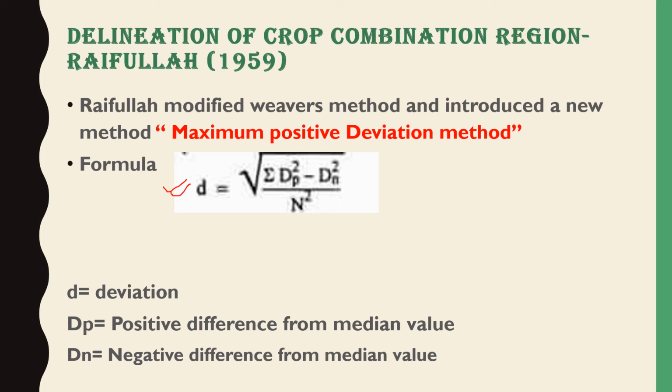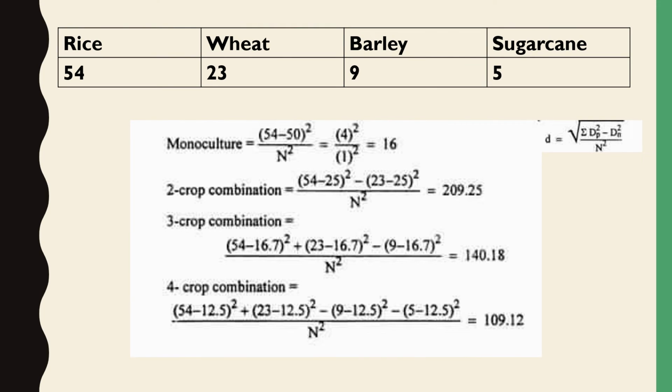Here this formula is also equally important. That has been frequently asked in previous year questions. Here d is equal to deviation, dp positive difference from median value, dn negative difference from median value.